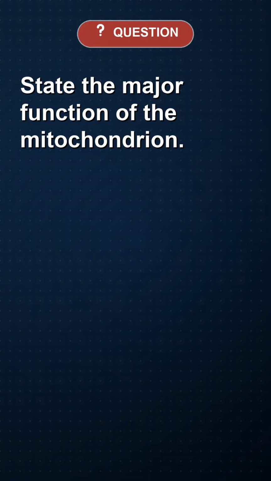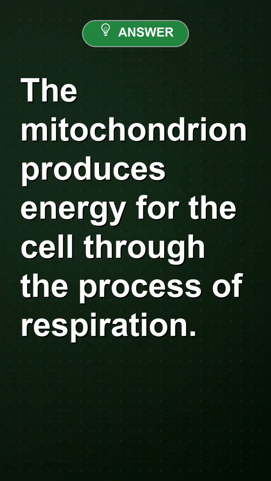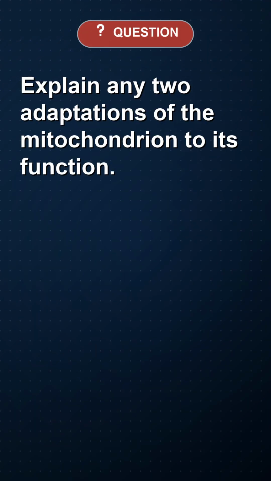State the major function of the mitochondrion. The mitochondrion produces energy for the cell through the process of respiration. Explain any two adaptations of the mitochondrion to its function. 1.